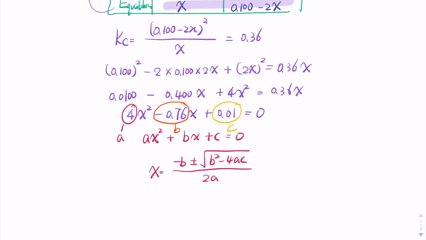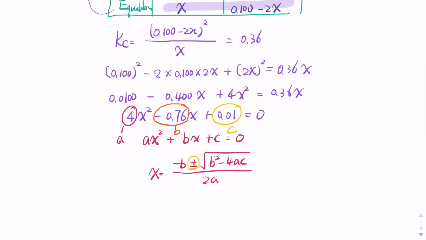Now we can plug in the numbers and solve for this. You're going to have two values because you have this plus or minus sign: one root using the plus sign, the other solution using the minus sign.